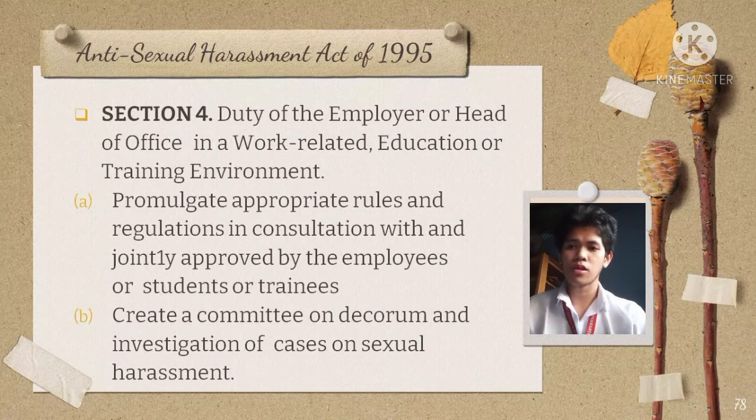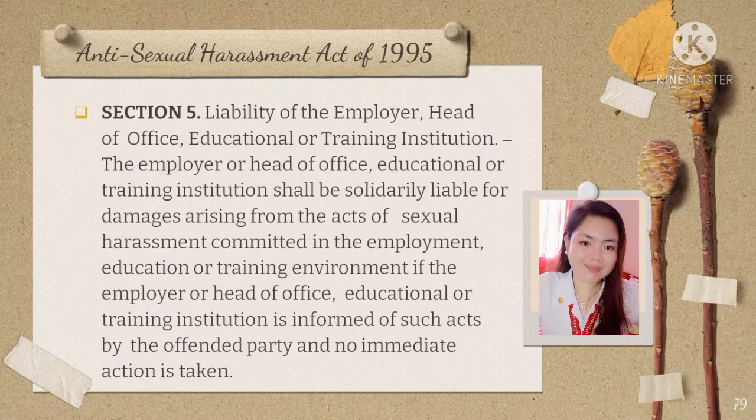Section 4, duty of the employer or head of office in a work-related, education or training environment. Formulate appropriate rules and regulations in consultation with and jointly approved by the employees or students and trainees. Create a committee on decorum and investigation of cases of sexual harassment. Section 5. The liability of the employer, head of office, educational or training institution.